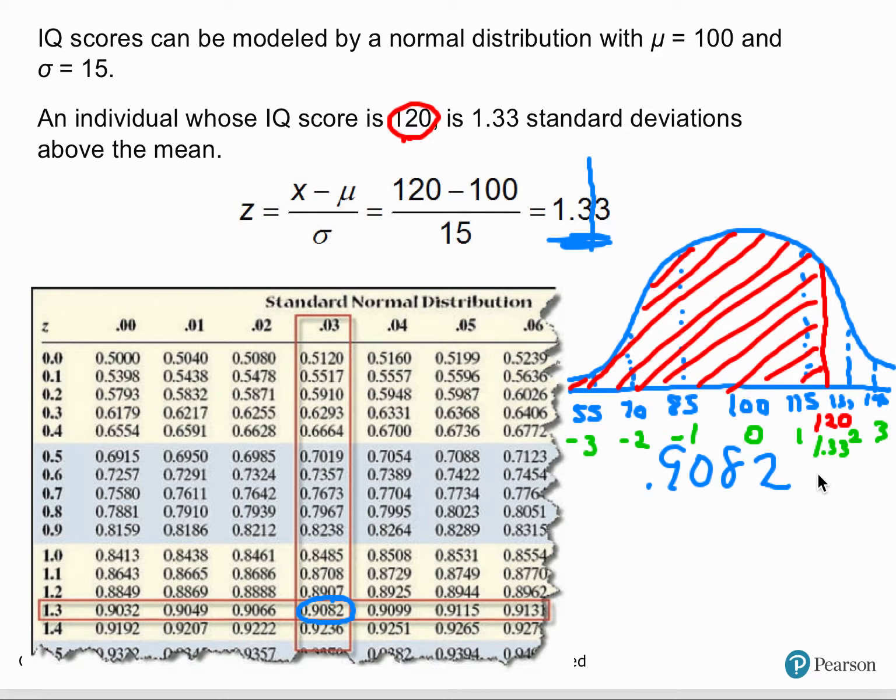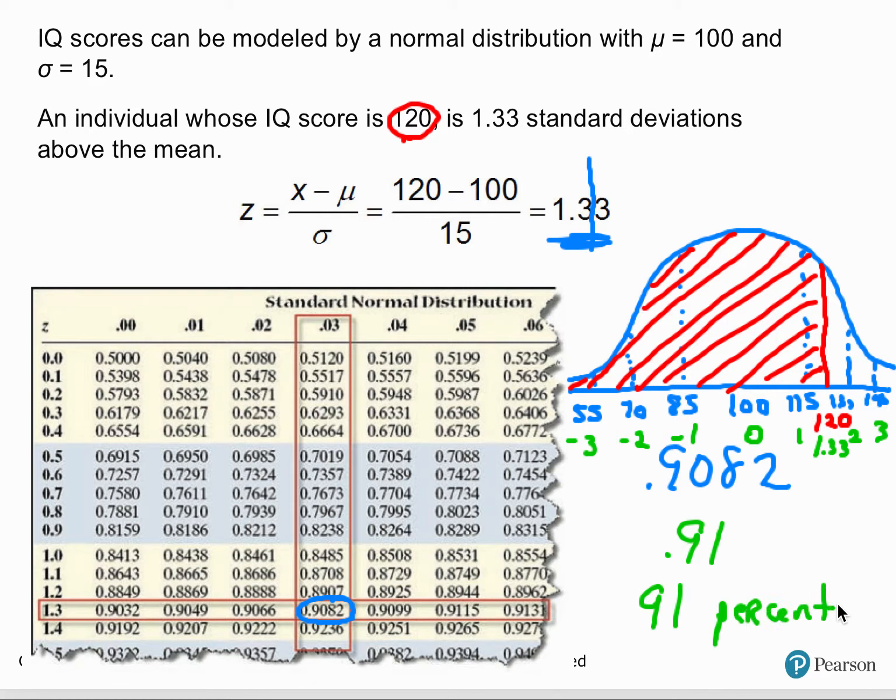Or it's telling us the probability that a person's IQ scores 120 is 0.908, about 0.91. In addition, that means this person has scored higher than 91% of these people. So that also means he's in the 91st percentile.